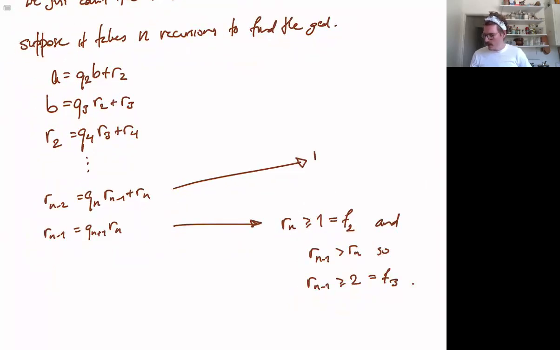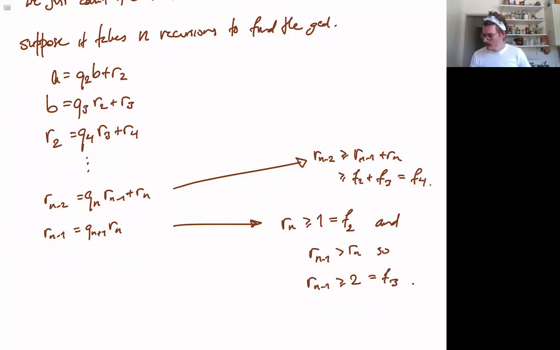It tells us that Rn minus 2, if we ignore the Q, is greater than or equal to Rn minus 1 plus Rn. And this we have already said is greater than or equal to F2 plus F3, which is F4.